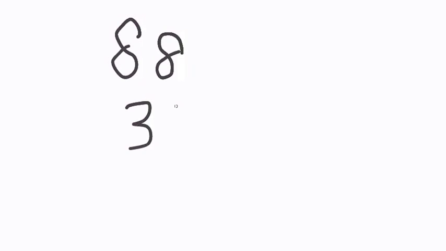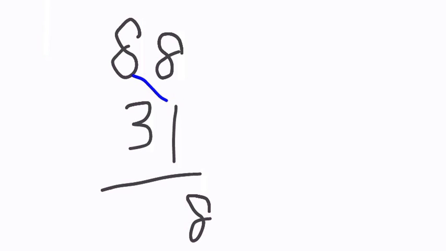88 multiplied by 31. The first step is to multiply the extreme rights. So basically you get this, and then you do the cross multiplication, which is 8 3s are 24 plus 8 1s. So it's 32, and you put a 2 here, and you put a 3 here, and then you say this is the carry.